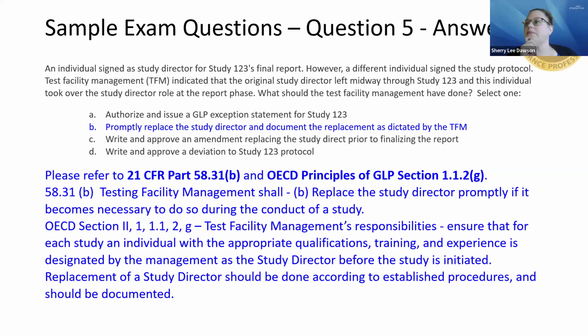At my specific organization, we do have an SOP that states that, not in an emergency, but when a situation calls for it, a study director or study manager of the same training, at the same level, can sign for other study directors.